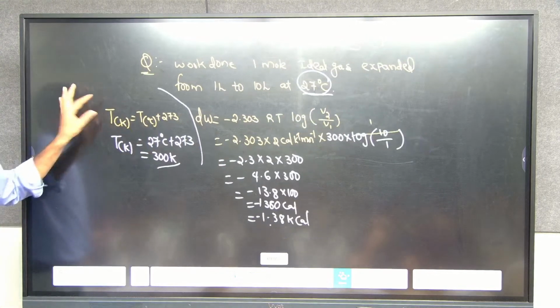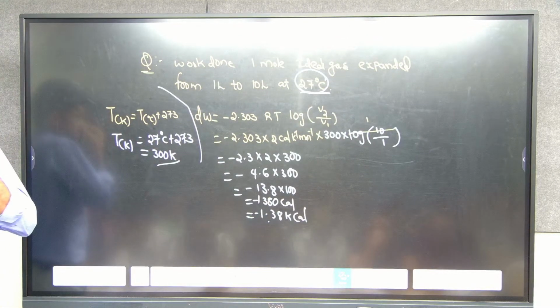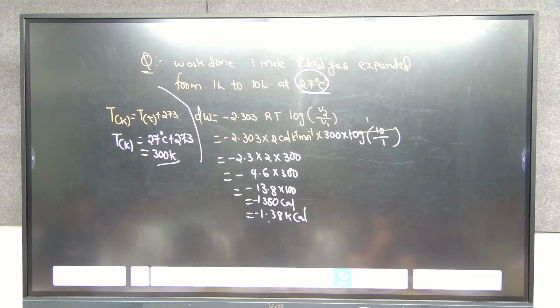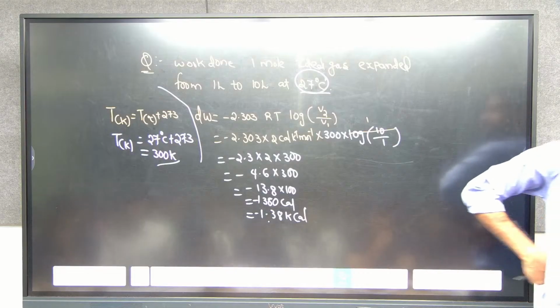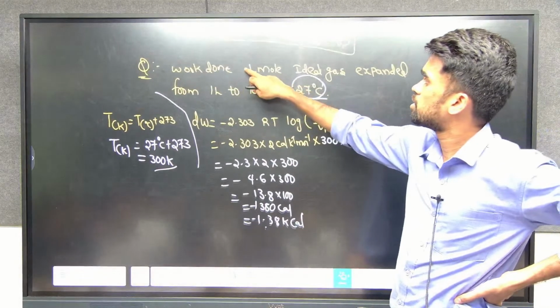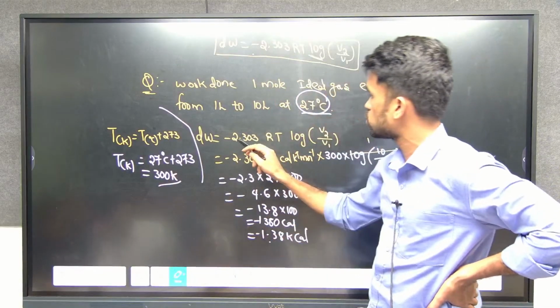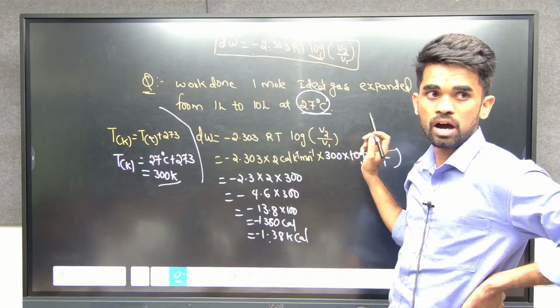Here how much I mentioned? 1 mole. If it is 1 mole, you are taking 2.303 RT log V2 by V1.